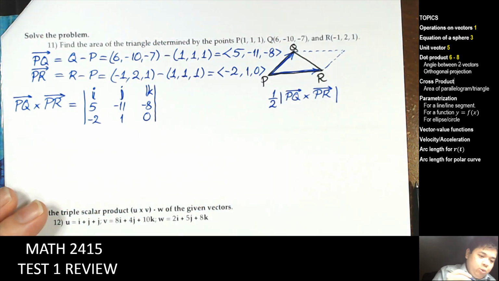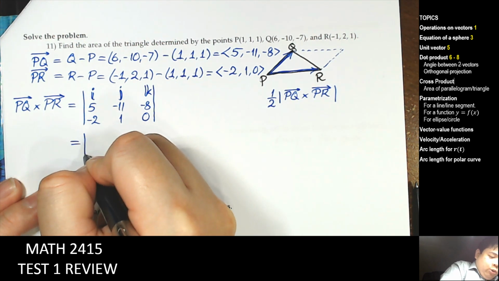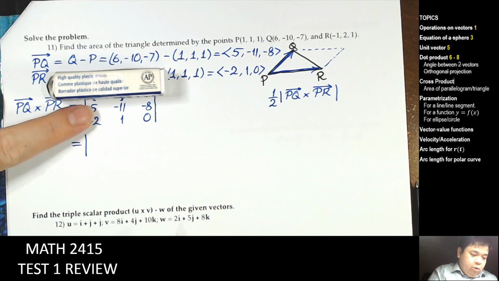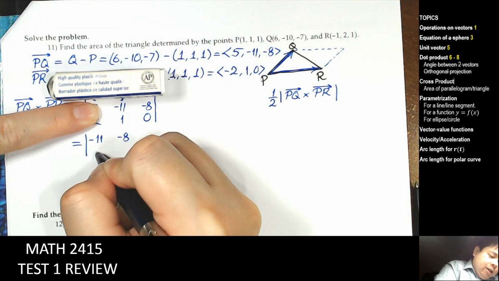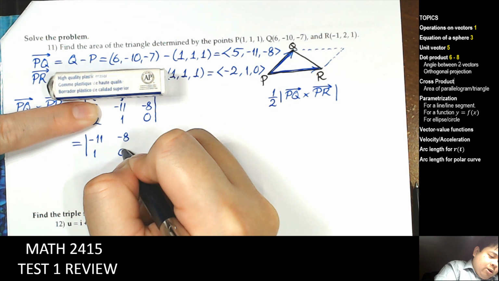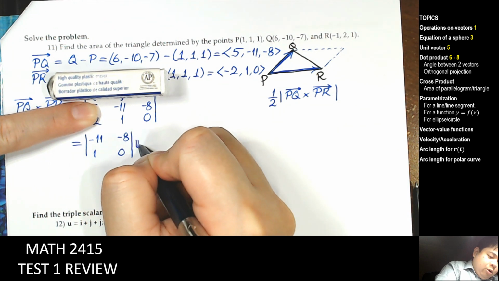It's a 3 by 3 determinant. For the i component, we cover the row and column and have negative 11, negative 8, 1, and 0.